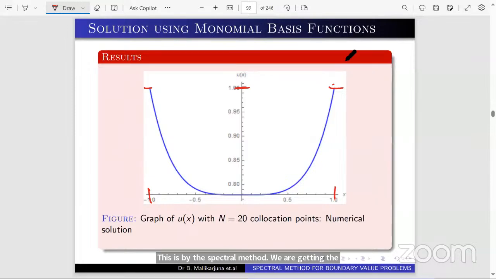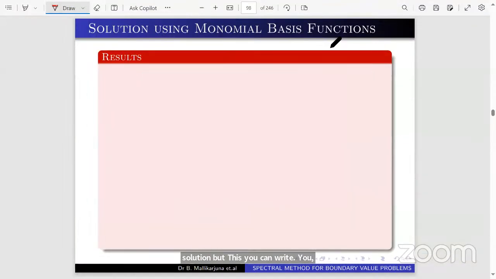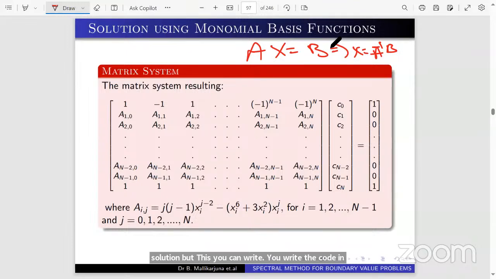But this you can write the code in any programming language for this system of equations. You can feed this matrix into any programming language, irrespective of size, maybe 100 by 100, 200 by 200.